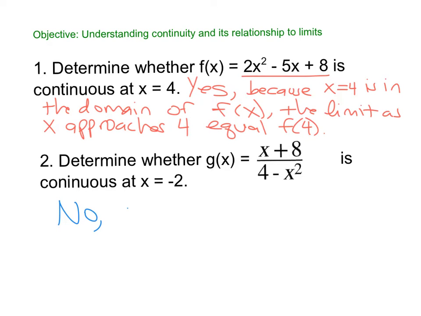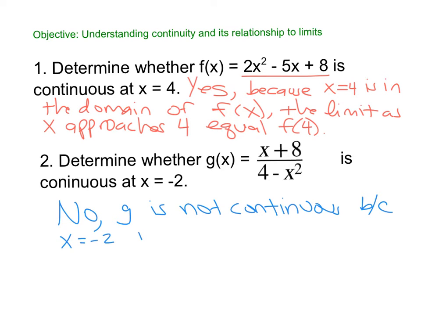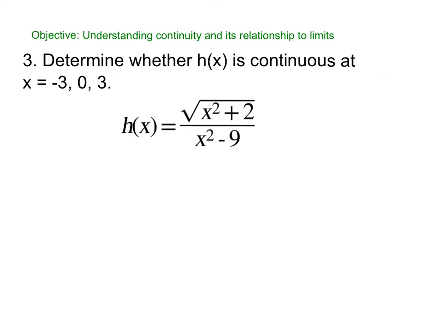No, g is not continuous because x equals negative 2 is not in the domain of g, right? The domain of that is all real numbers except 2 and negative 2. So that cannot be continuous because that point is not in the domain.